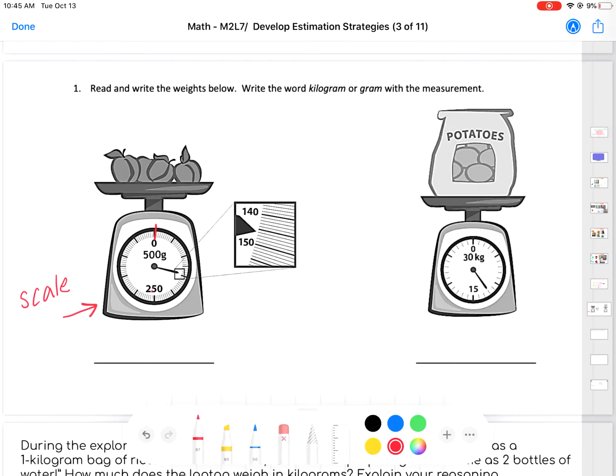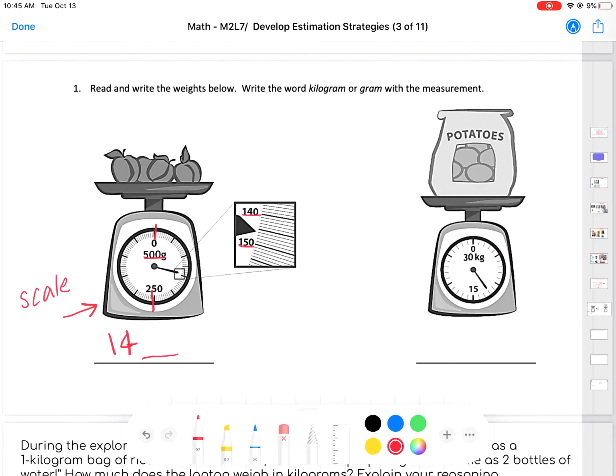It starts from 0, and then when it hits the half point, it's about 250 grams, and when it makes a full circle, it will become 500 grams. But when we look at our pointer, we know that it's somewhere between 140 and 150. That means it's higher than 140, but lower than 150.